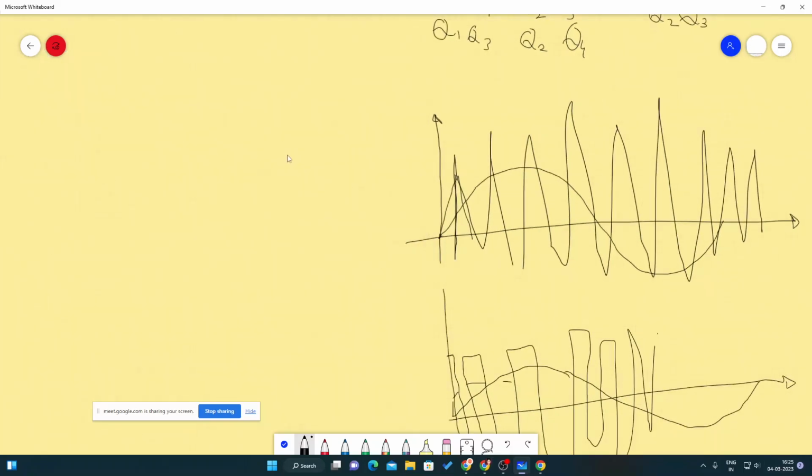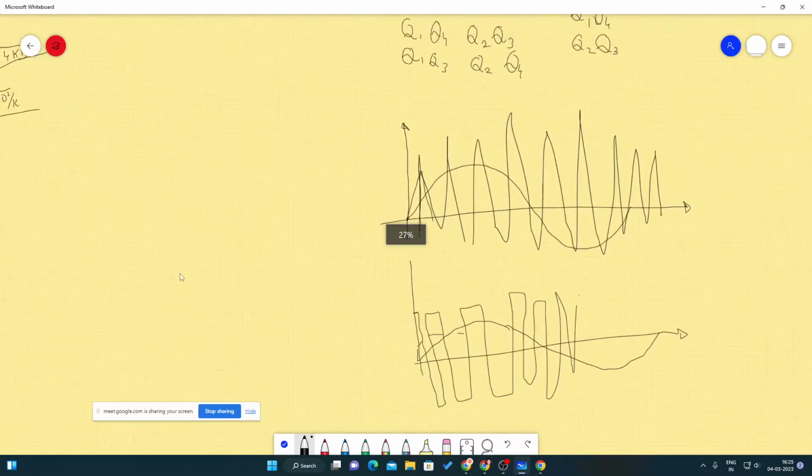Okay, you can consider a straight DC, VDC and zero.